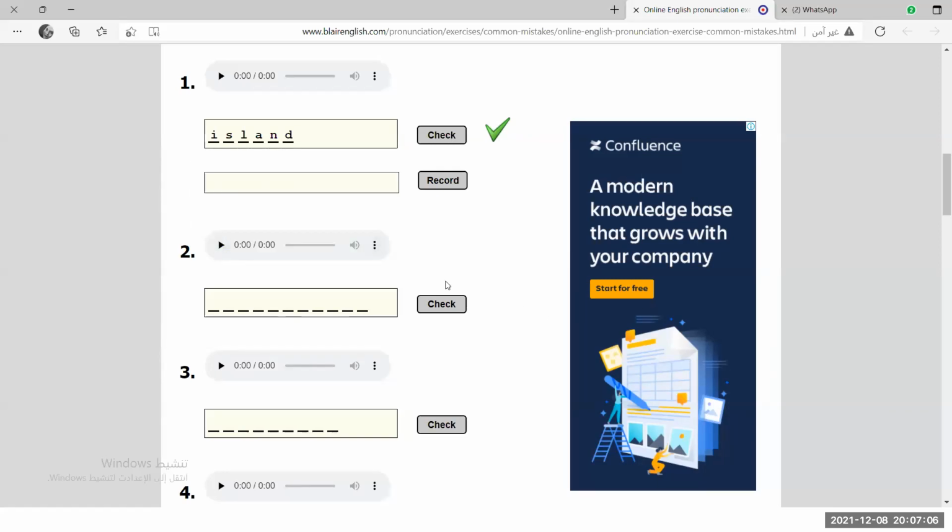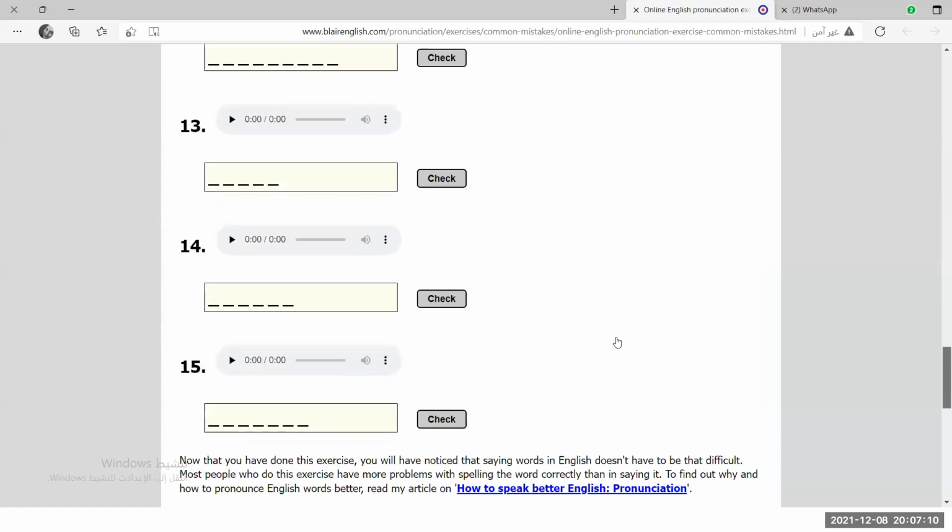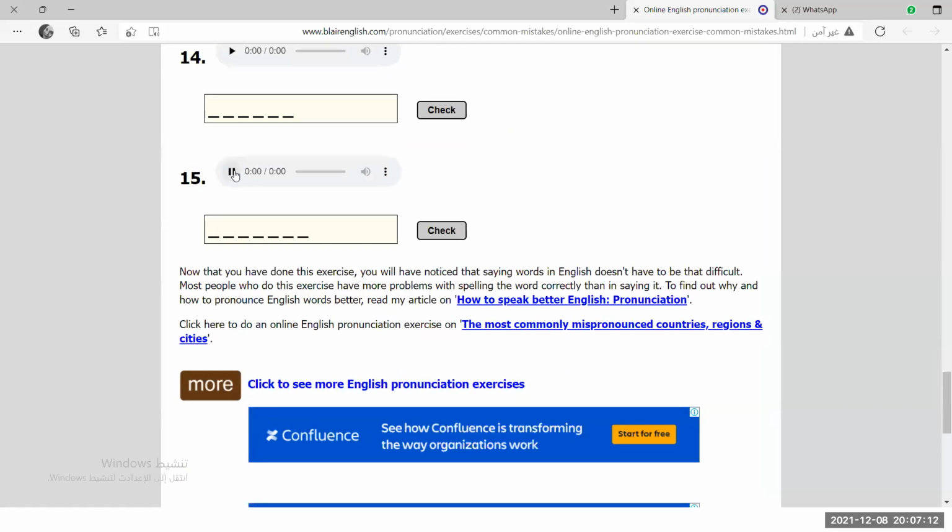Moving to the next number, I would like to choose them randomly. Managed. What do you think the word is? Who's gonna give me the spelling? Raise your hand, please. Okay, Miss Salma.